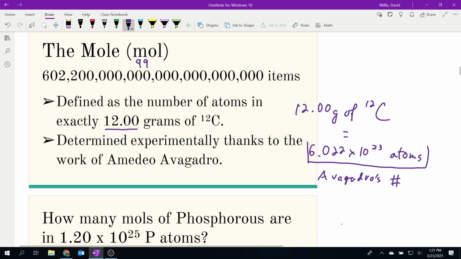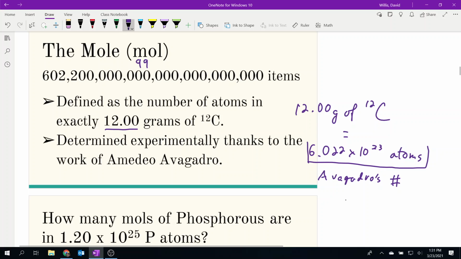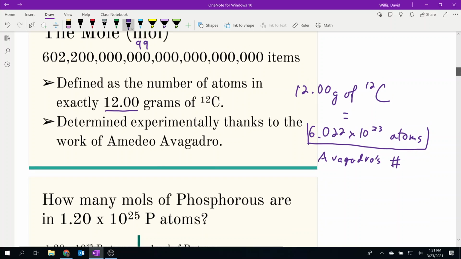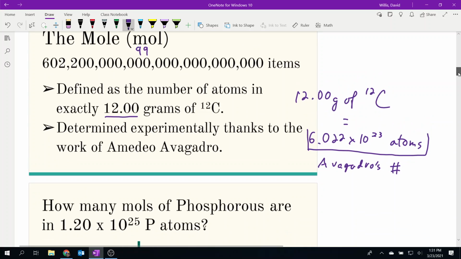So the question before us is, how many moles of phosphorus are in this many phosphorus atoms? So I want you to remember back much earlier in the semester when we talked about conversions, and we used something called dimensional analysis. All right, I'm just going to make you motion sick doing the screen up and down while I try to get it just right. Hey, do you remember when we used dimensional analysis?